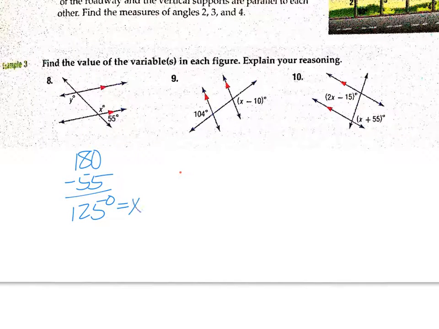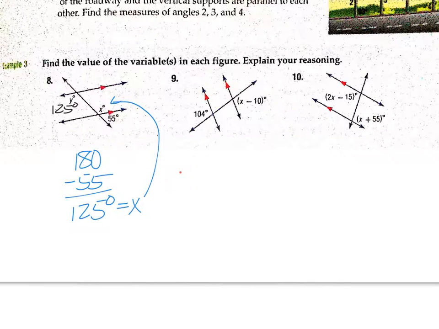So that's x. Again, because those two have to make a line or equal 180. Okay, so if x is 125, then what's y? Then that tells me y is also 125. Now, why is that? Because x and y are alternate interior. They're both on the inside, but they're on opposite sides. So alternate interior, I know we're congruent, going back to our theorems.